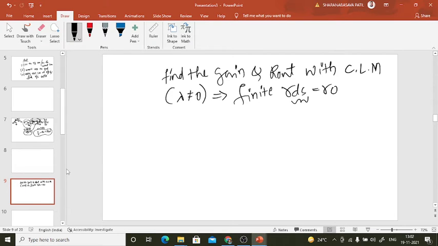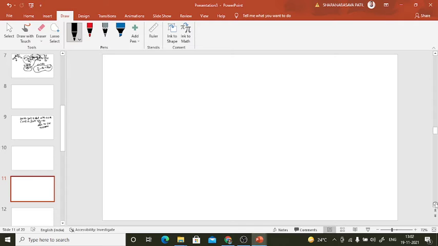This refers to the drain to source resistance. Let's draw the circuit with channel length modulation. RD, drain resistance, VDD, V in, and drain to source resistance R0.